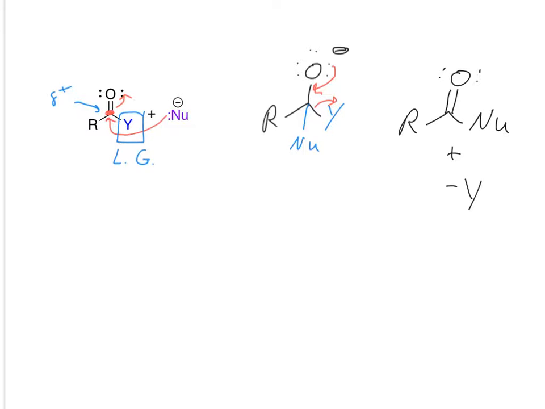Now, the other thing we want to look at is, how good is that Y group, our leaving group, at leaving? And if you remember from back last semester, things that are good leaving groups tend to be weak bases. Alright, so the better leaving group is going to be a very weak base. So if you think about this one, halogens tend to be good leaving groups.